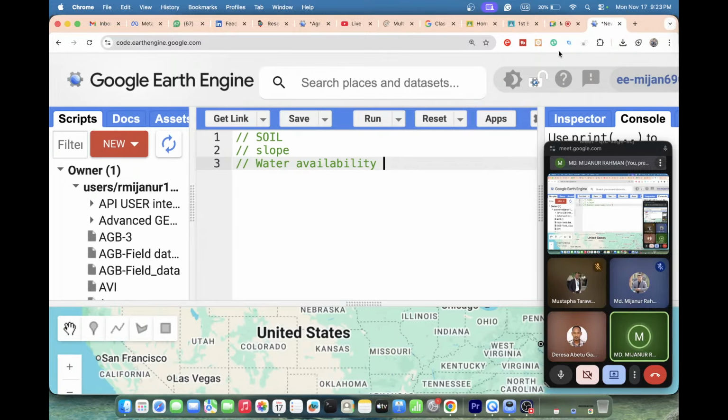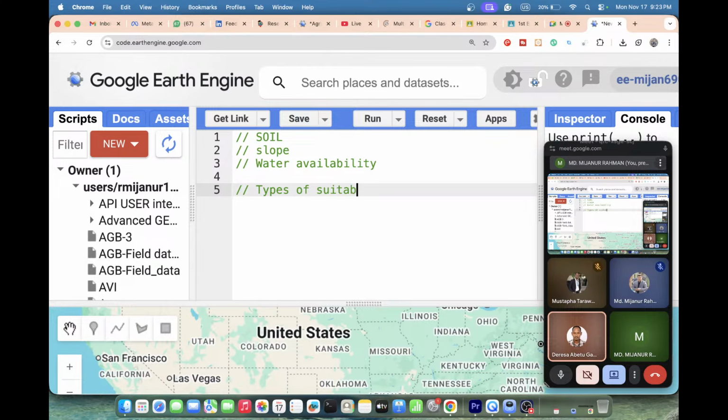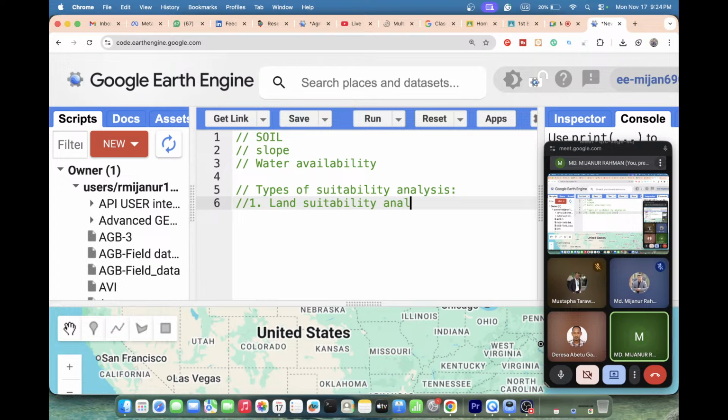And not only that, you can also do different types of suitability analysis. One type is land suitability analysis. Suppose I want to identify agricultural land, or forestry, or livestock production.